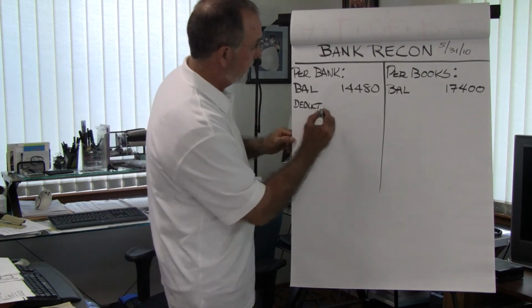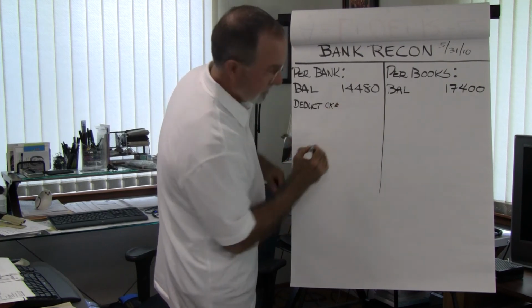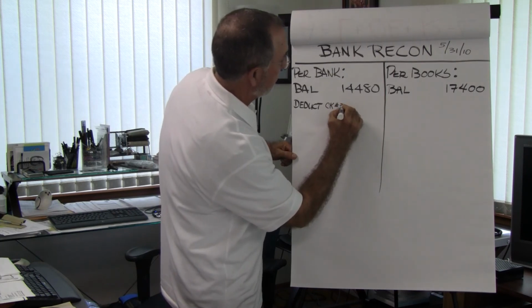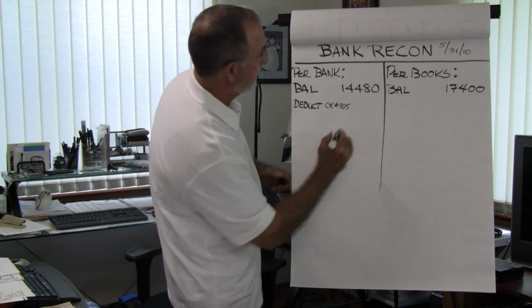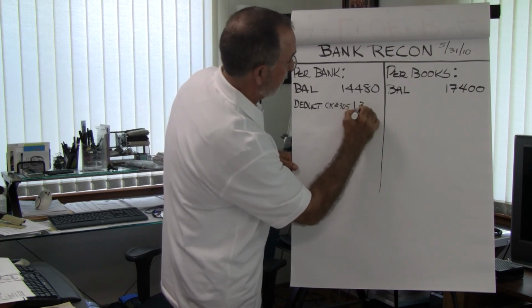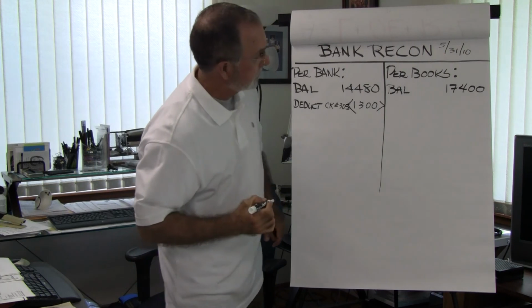So we want to deduct check number 305, and the amount of that check again is $1,300. Little short on space there.